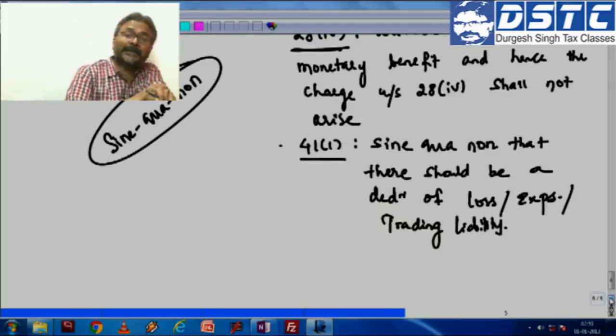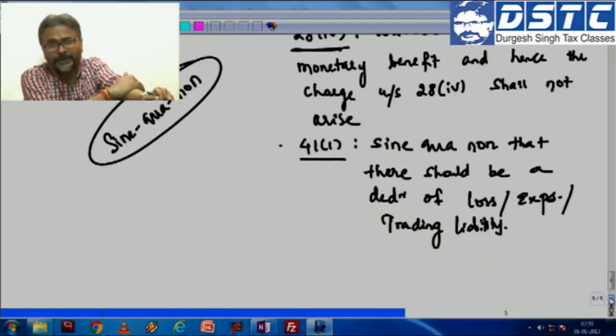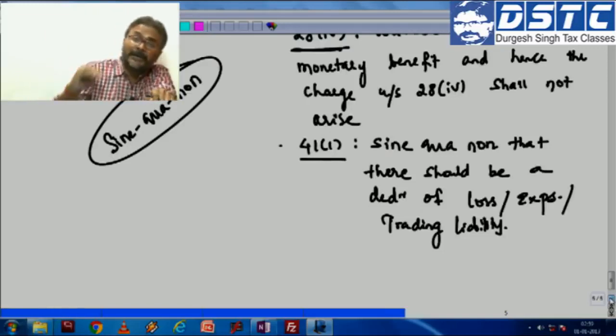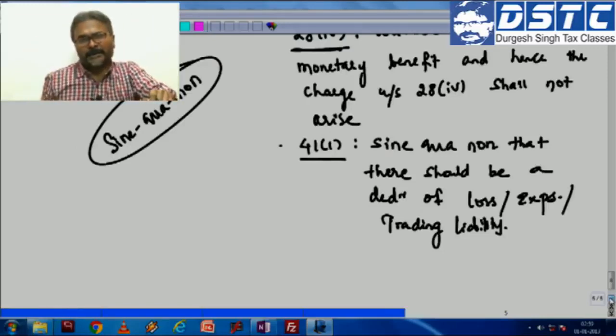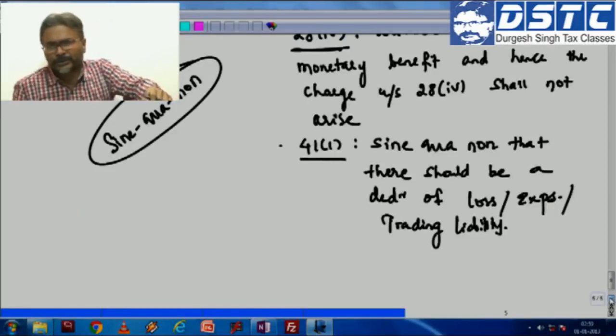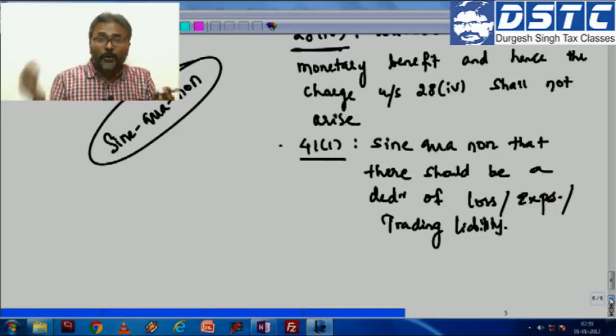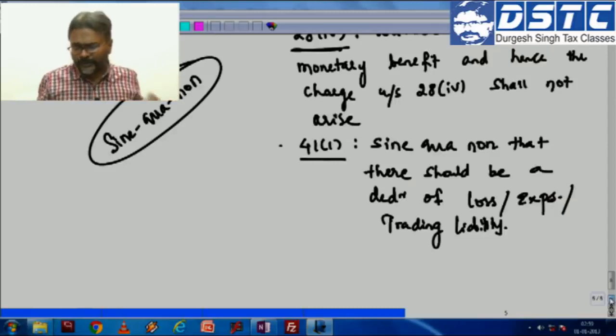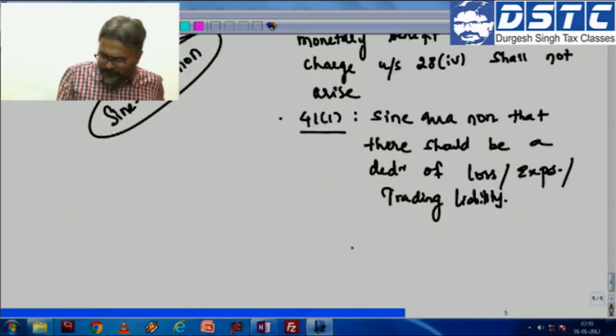In KLN Agrotech, they got away with the deduction because the assessee was in the financing business. But here the question of a loan getting a deduction will not arise. This was the first one.